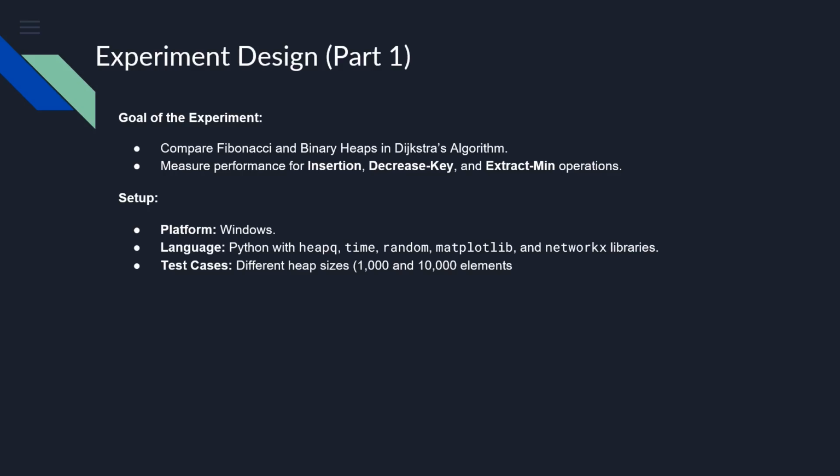We used Python and a variety of libraries, including heapq for binary heaps, and custom implementations for Fibonacci heaps. We also tested the heaps on different sizes of data to see how they perform under varying conditions.